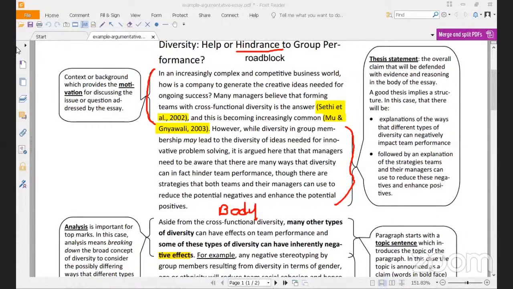However, while diversity in group membership may lead to the diversity of ideas needed for innovative problem solving, it is argued here that managers need to be aware that there are many ways that diversity can in fact hinder team performance. Though there are strategies that both teams and their managers can use to reduce the potential negatives and enhance the potential positives.